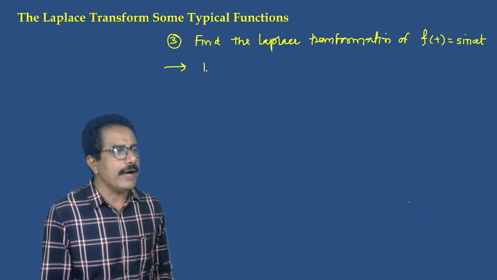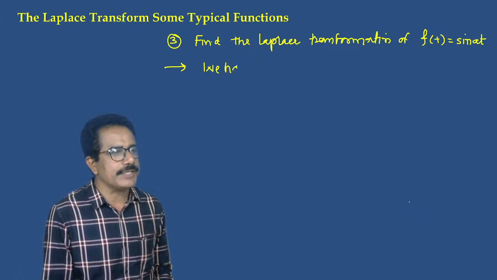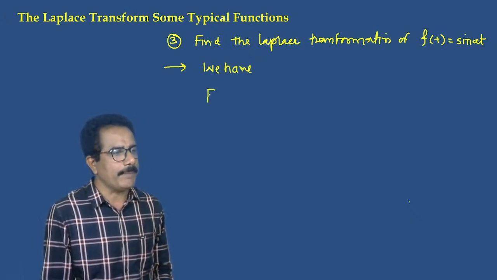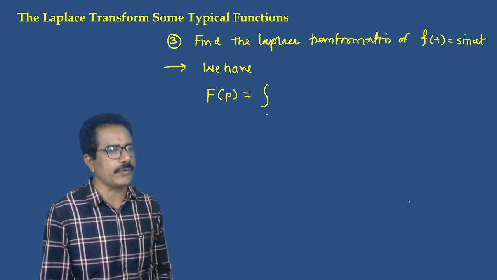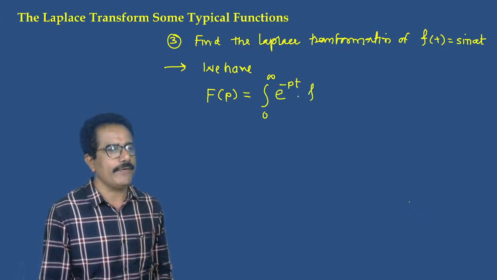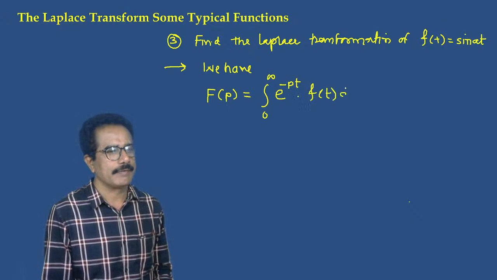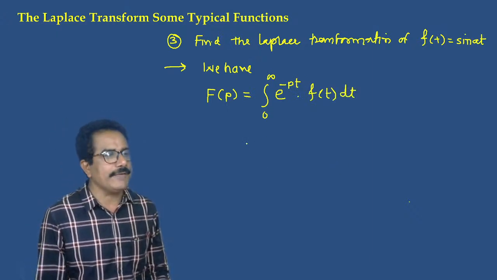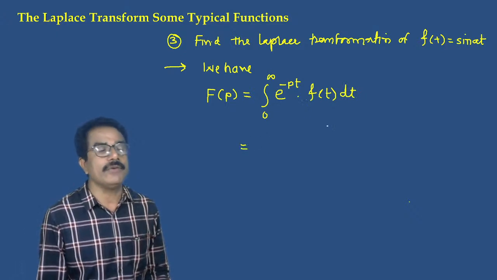Now we have, according to the definition of the Laplace transformation, capital F of p, which is equals to integral from 0 to infinity e raised to minus pt into f of t dt. Is it okay? Now we can replace the value of f of t.